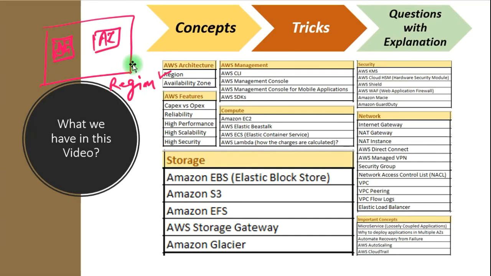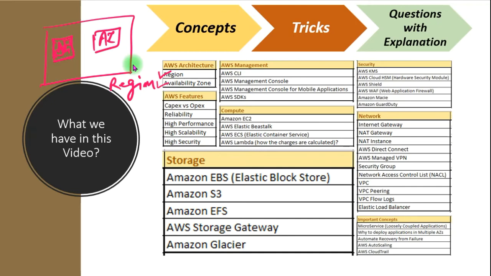So when we are looking for a redundant environment, we either host the environment in multiple availability zones, or if we want a regional disaster recovery plan, then we host our application or infrastructure in a multi-region environment. That means we will host this environment in multiple regions. So we have described what a region is and what an availability zone is.